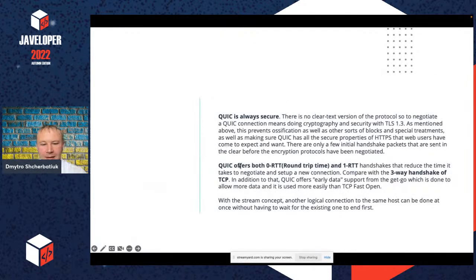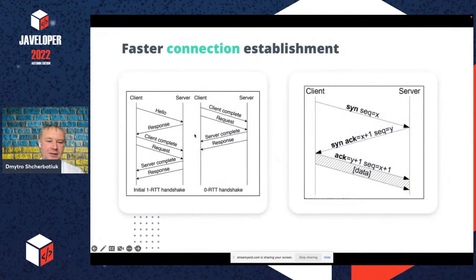So QUIC works on UDP, and it offers both 0-RTT and 1-RTT. What does it mean? It means that when QUIC firstly sets a connection to some host, the connection is cached, and for example, when we lose the physical connection and then get this connection again, we just get our connection from the cache and try to communicate.